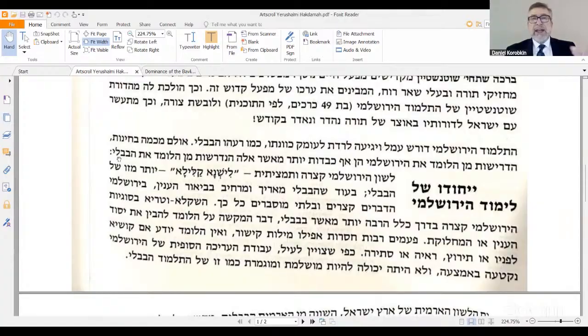Whereas you will find expansive language in the Bavli, you will find very terse language in the Yerushalmi. Hashakla v'tarya b'sugyos ha'Yerushalmi kitzar b'derech klal harbe yoter me'asher b'Bavli. The back and forth dialogue is much shorter in the Yerushalmi than in the Bavli.